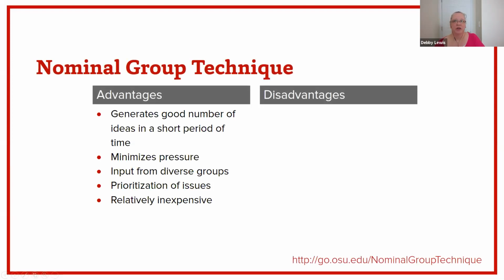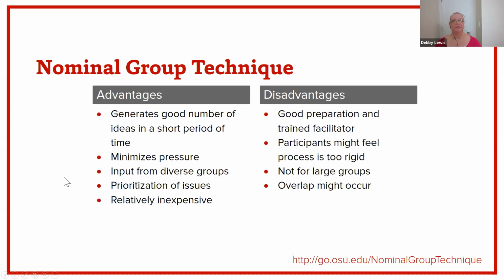We have some advantages and disadvantages, and down here in the lower right-hand corner, there is a Go link to a tip sheet on nominal group technique. It gives us a good amount of data, just like a focus group interview does. It's relatively inexpensive. It can be very quick.